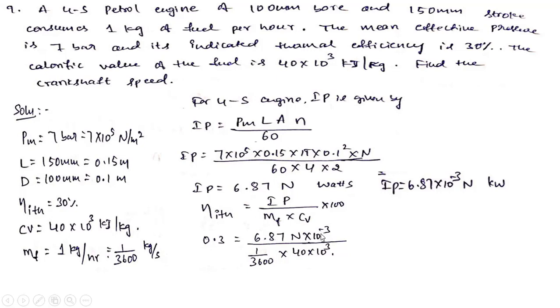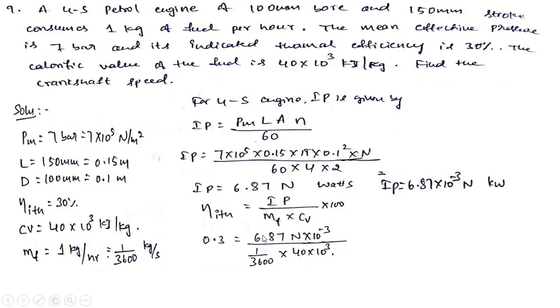This is in terms of kilowatt, and mass of the fuel is 1 by 3600 kg per second, and calorific value is 40 × 10^3 kilojoule per kg. I will tell you why I have taken IP in terms of kilowatt: because the calorific value is substituted in kilojoule per kg.